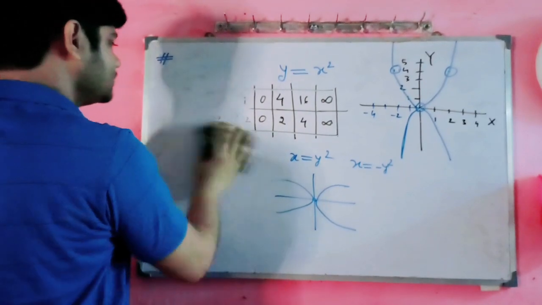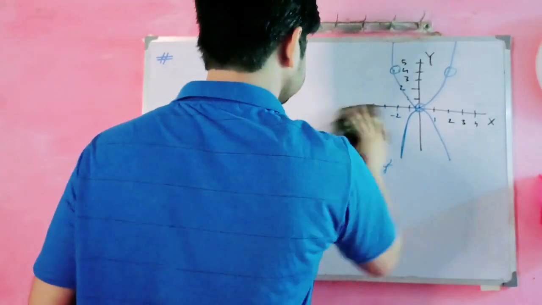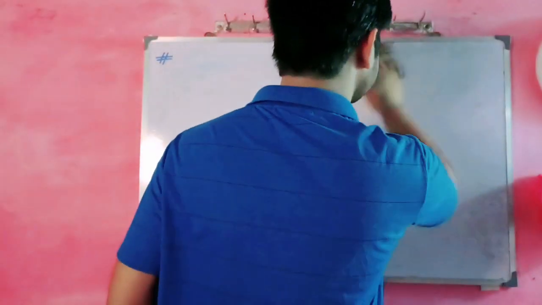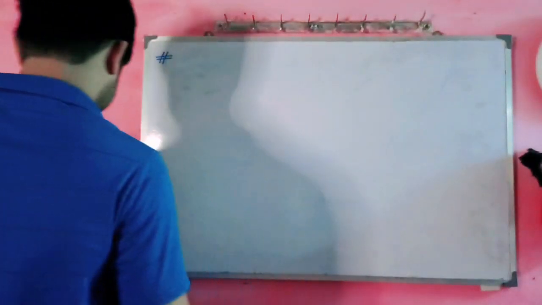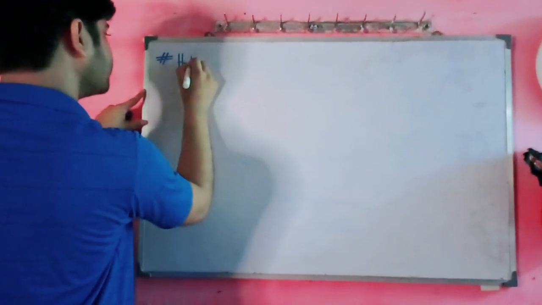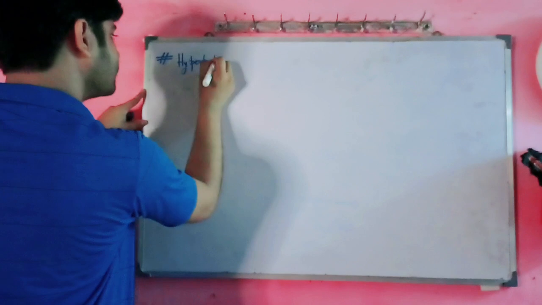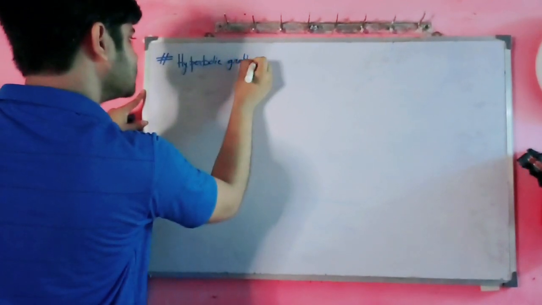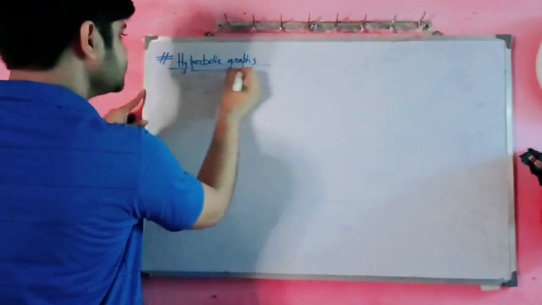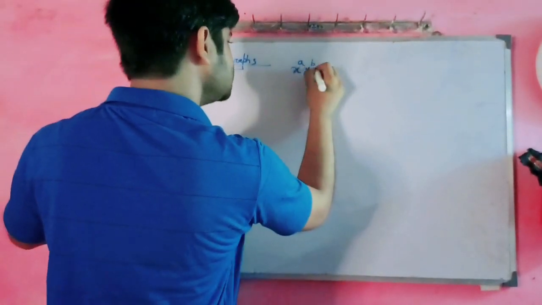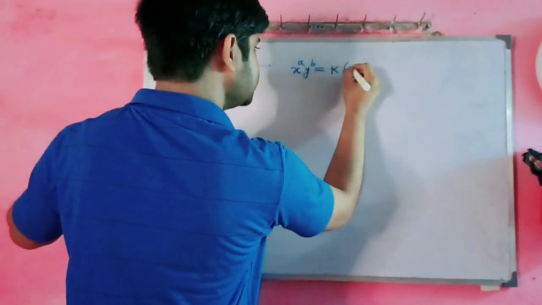Now let us move on to the hyperbolic graph. Hyperbolic graphs. General expression for this: x to the power a times y to the power b equals a constant, let's say k.